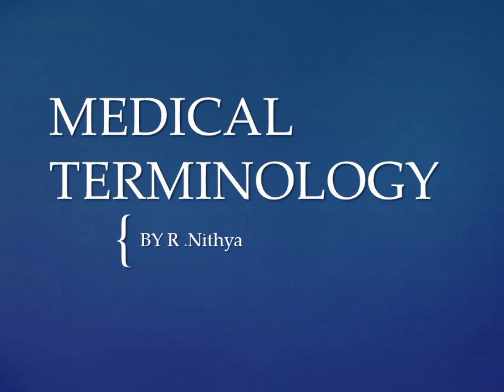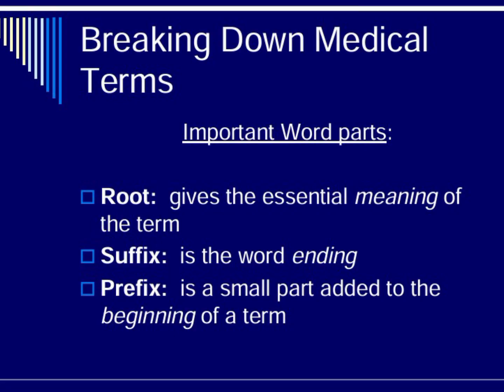We are not just memorizing vocabulary, we are learning the logical four-part structure: the prefixes, suffixes, root words and combining vowels that allow you to correctly interpret any conditions, procedures or body parts mentioned in the patient chart. The first way to understand medical terminology is to break down medical terms into roots, prefixes and suffixes. The root gives you the essential meaning of the term.